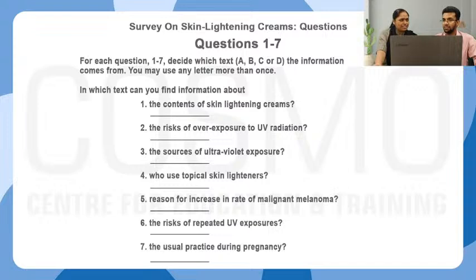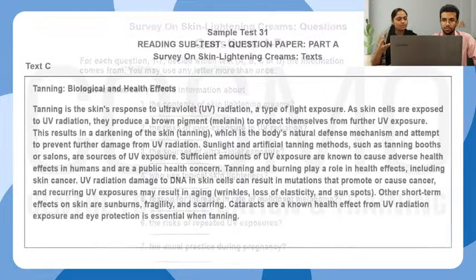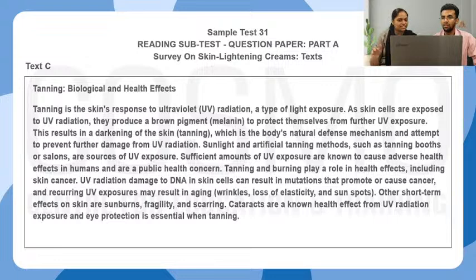So multiple texts, but simply matching the words cannot help in this. We have to find out the risk of overexposure to UV radiation, because the word UV radiation can be found in every text.